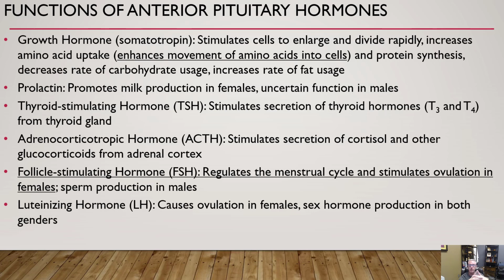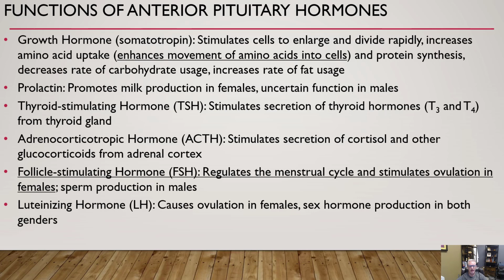If we are using fat, we are getting rid of fat and hopefully creating muscle. So carbohydrate usage is burning energy, which is not growing, and increasing rate of fat usage is getting rid of adipose tissue. So growth hormone is basically to build up your body, so taking in amino acids.